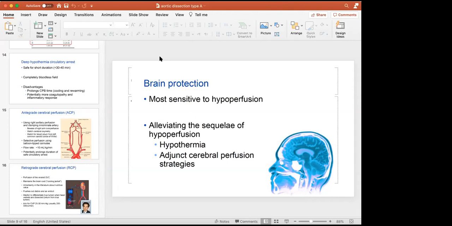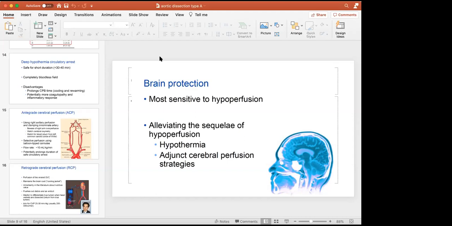You put the cannula high in the SVC, and you snare, and you run with pressure around 40s, and flow will be around 400 ml per minute.